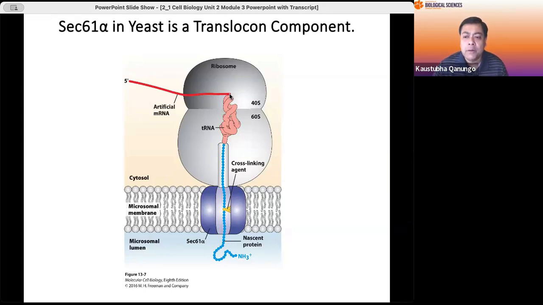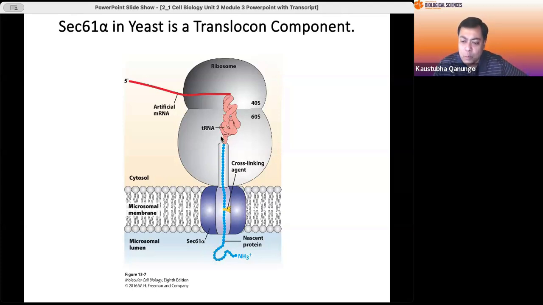They made an artificial mRNA from prolactin, which didn't have a stop codon. If you do not have a stop codon, the last tRNA, bringing the last amino acid, remains attached to the mRNA, and this entire structure is intact. Until the ribosome reaches the stop codon, it is not going to let the subunits, the tRNA and the other structures go. So this is stuck.